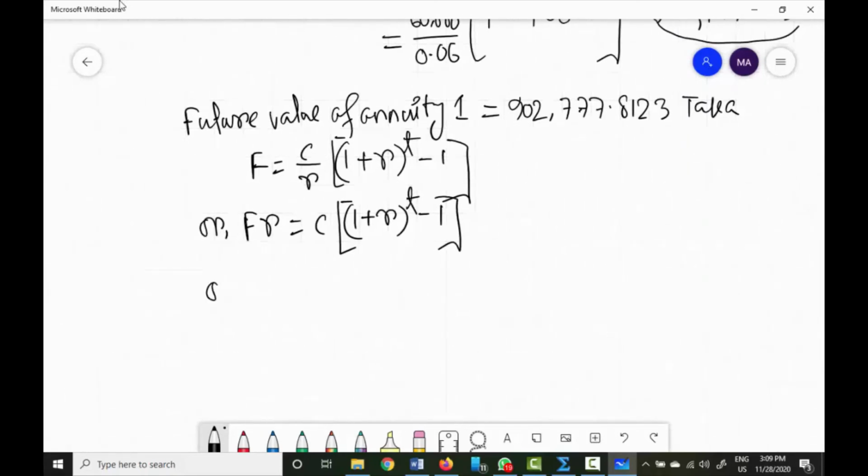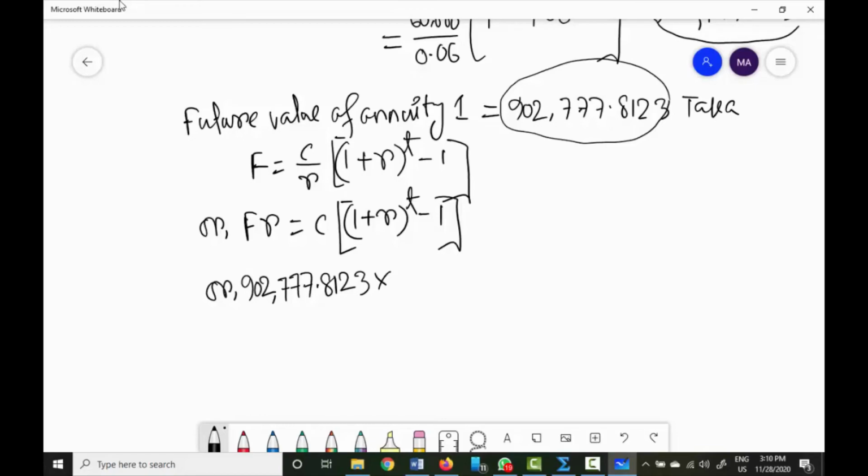Now Fr, the future value of annuity 1, is the amount we need after 10 years. So this is the amount we want to save, we want to get after 10 years. So that means this is the future value.